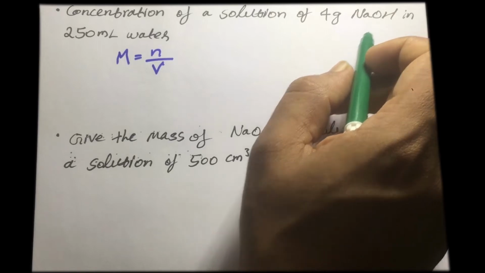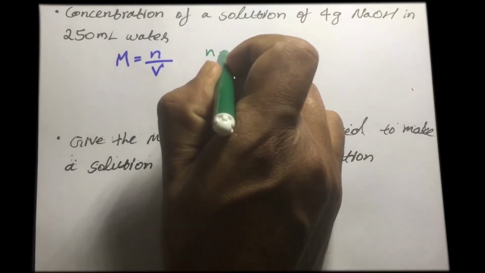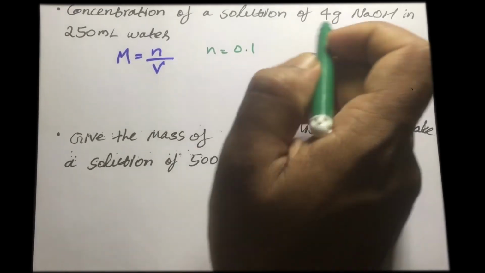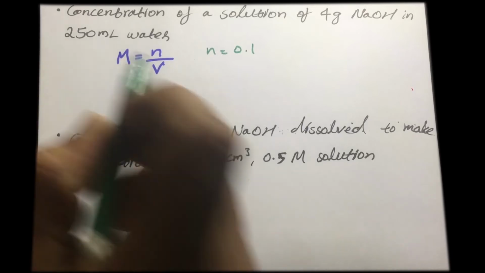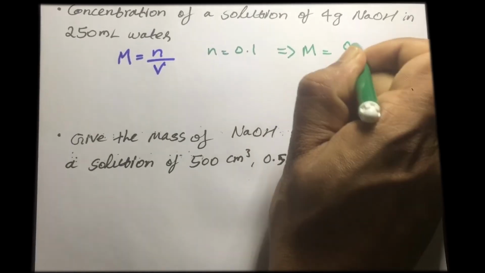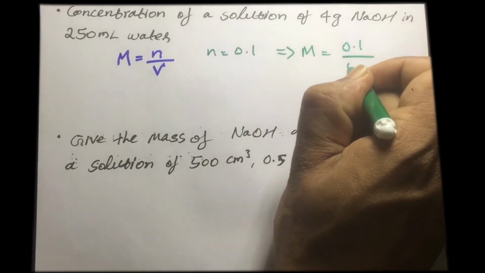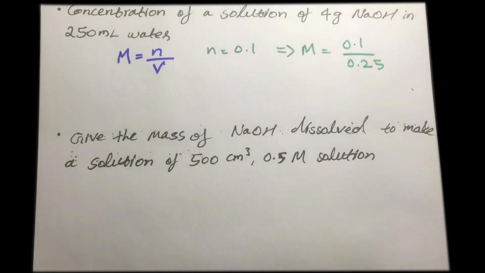Mass is 4 gram, molar mass of NaOH is 40. So 4 divided by 40, n becomes 0.1. Volume of solution is 0.25 liter. So M will be 0.1 divided by 0.25.